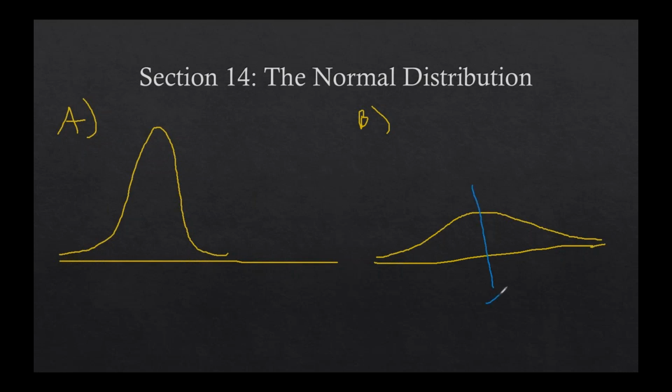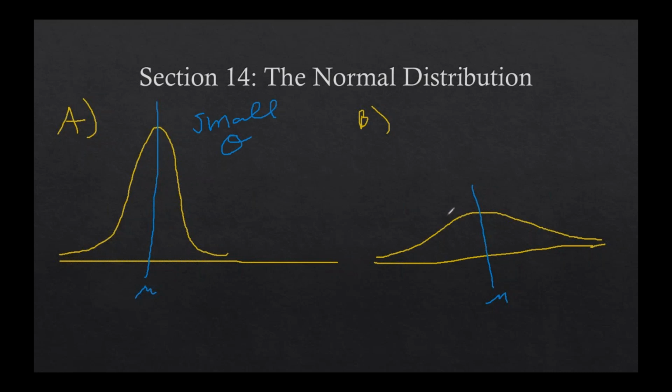You draw the line down the middle, there's the mean for both of these, but you can see these normal distribution curves look very differently. So like letter A, I would say that this is high and tight because it's tall and it's skinny, right? So high and tight is how I would maybe reference that. But this means that it has a small standard deviation. Standard deviation is noted by the letter sigma, lowercase sigma.